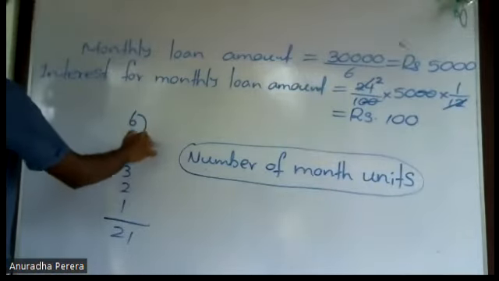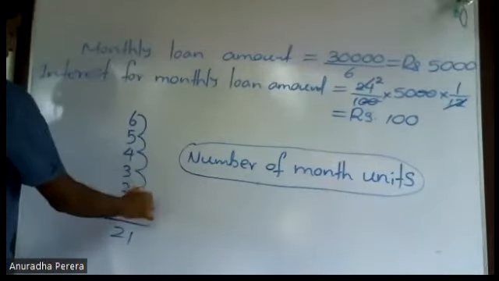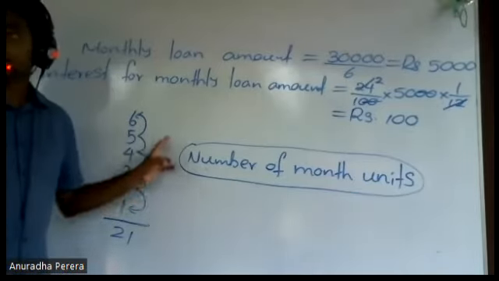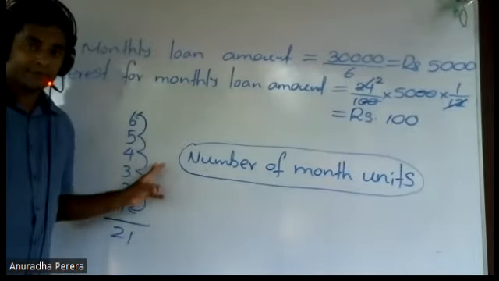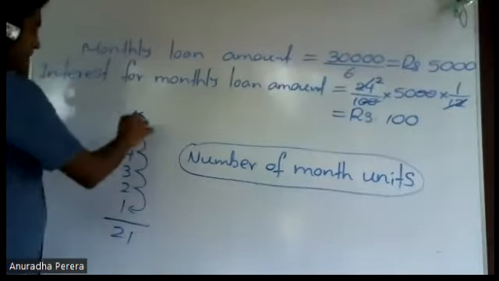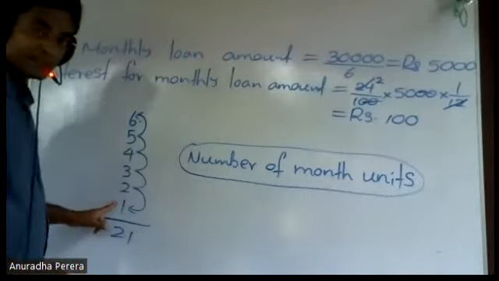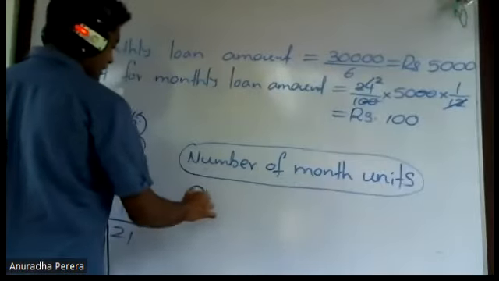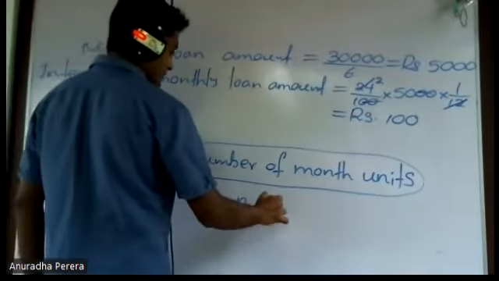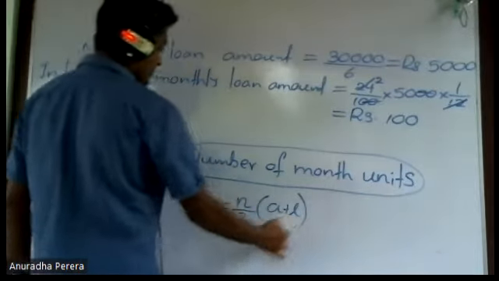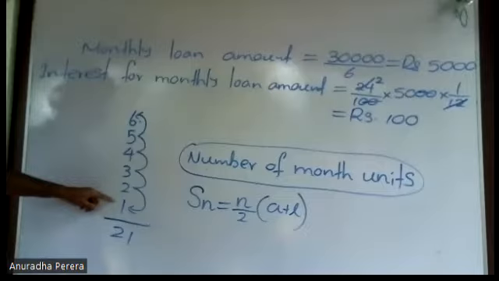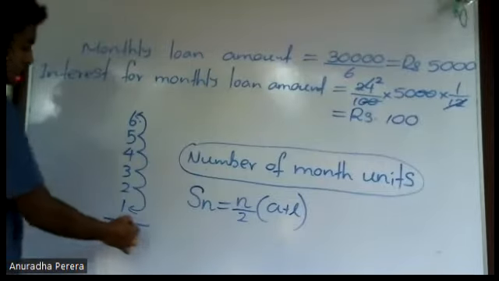This is like an arithmetic progression. The first term is 6, the last term is 1. How can you obtain the sum of an arithmetic progression? When adding these values starting from 6 up to 1, you obtain the number of month units.